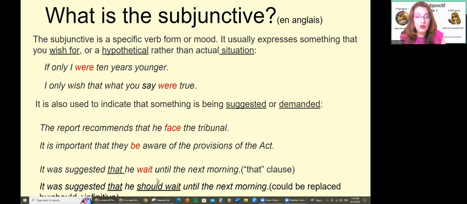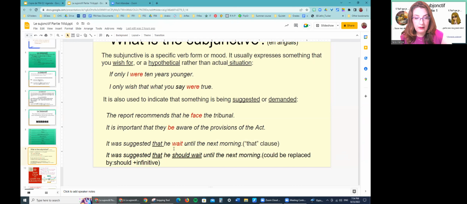It was suggested that he wait until the next morning. So here we have, it was suggested that, we have that clause, which is en français que. And let's look at the final one. It was suggested that he could wait until the next morning, could be replaced by should plus infinitive, okay?